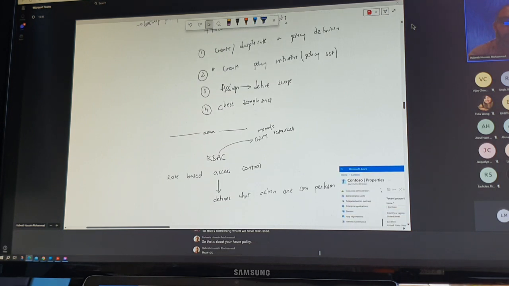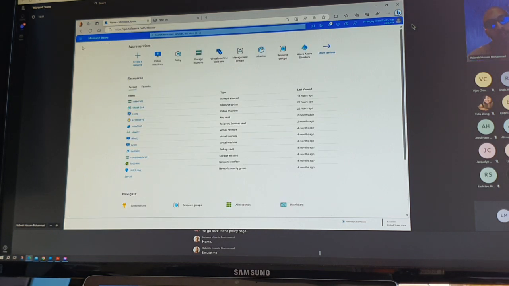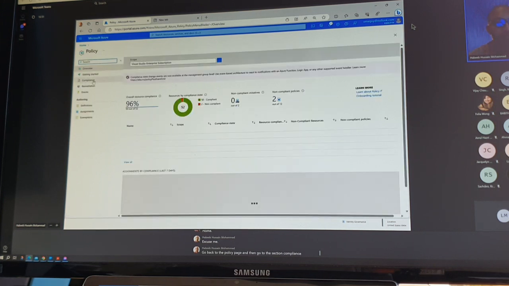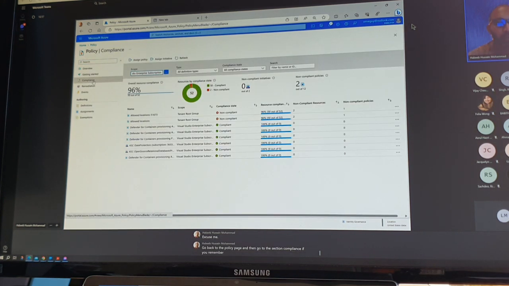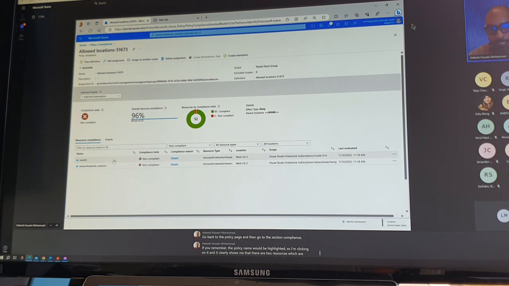How do we check compliance? So go back to the policy page, home, excuse me. Go back to the policy page and then go to the section compliance. If you remember, the policy name would be highlighted. So I'm clicking on it. And it clearly shows me that there are two resources which are non-compliant. And it clearly tells the reason also. Hey, you are non-compliant because of the location.